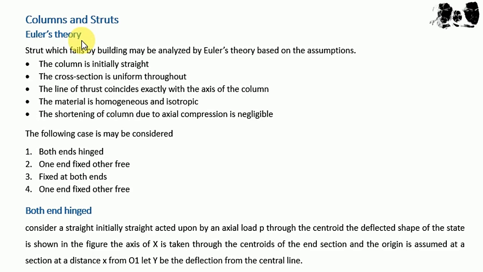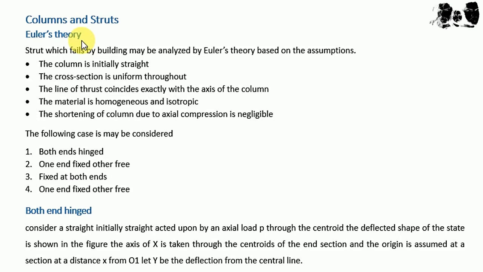End condition means there are two points of a beam, column or strut, two ends. According to the type of joint at both ends, it is decided what amount of load can make that particular member fail. Here, beam means column or strut.